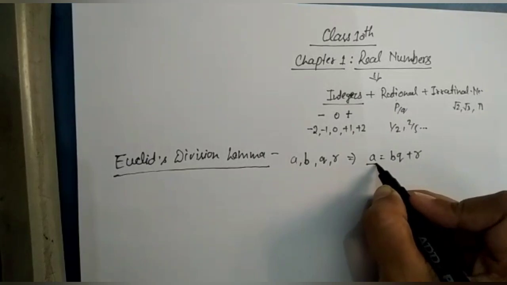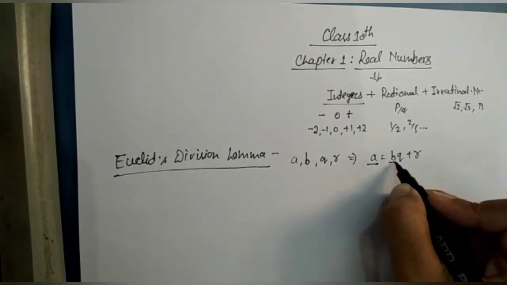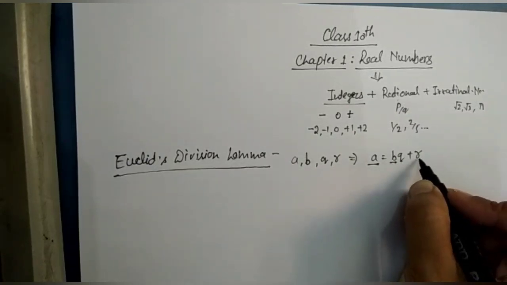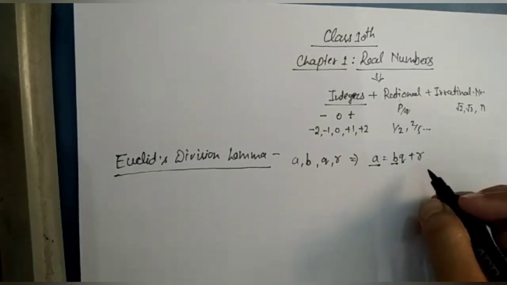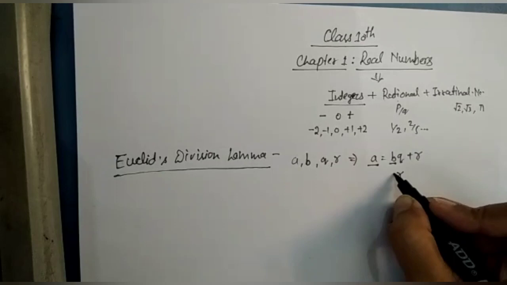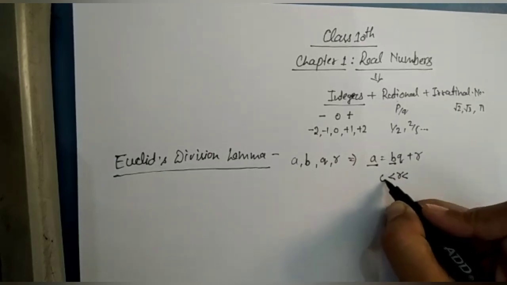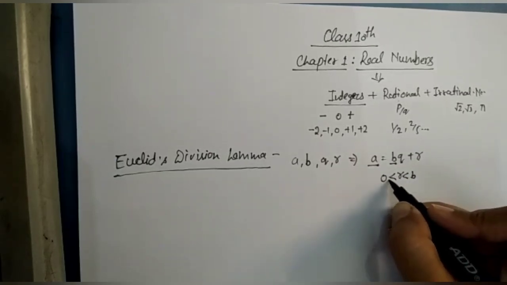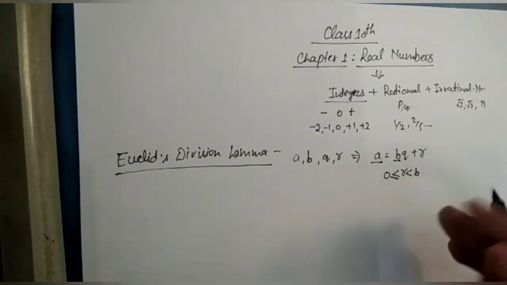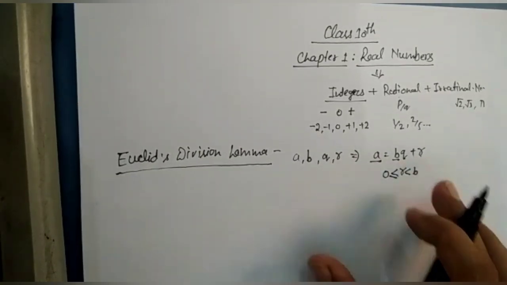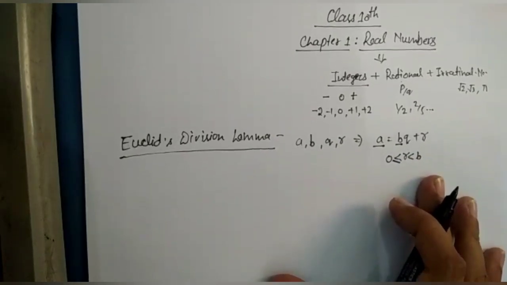This a is the dividend, b is the divisor, q is the quotient and r is the remainder. But here is one condition for r also, that is r lies between 0 and b, but r can also be equal to 0. Is it clear? This is the equation of Euclid division lemma.